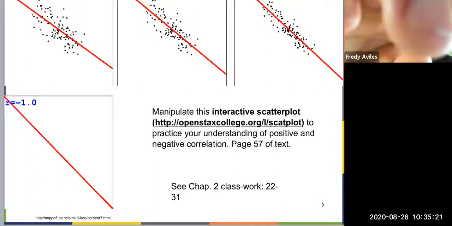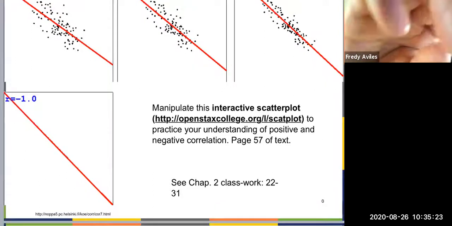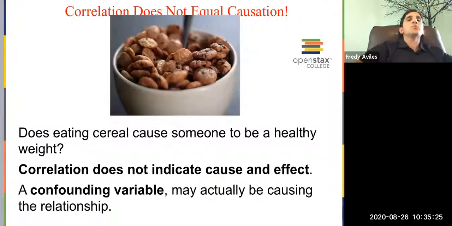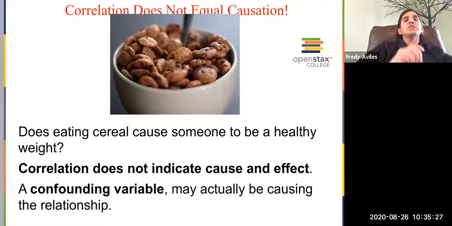A point I want to make here, I already mentioned it, but I want to mention it again. Very important: correlation does not equal causation. Just because two things are related doesn't mean they cause each other. So for instance, there's a correlation between weight and longevity.